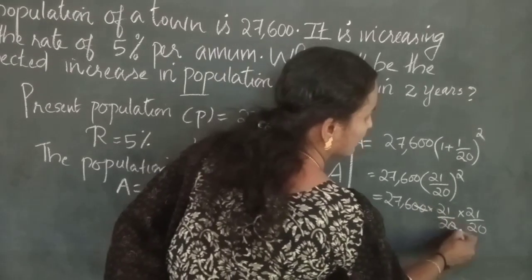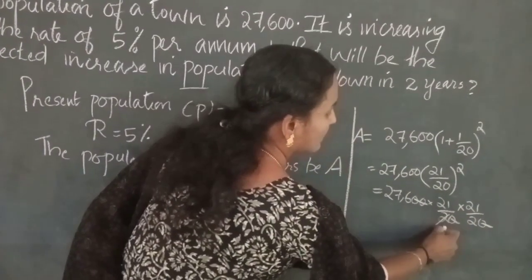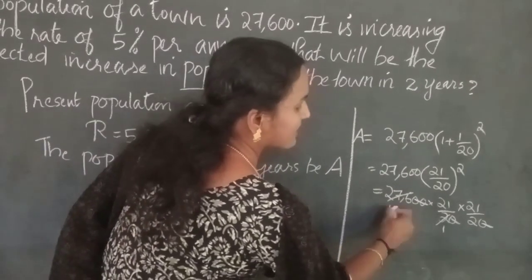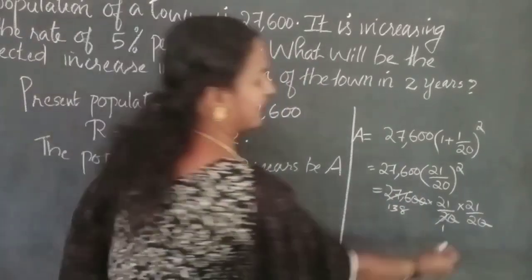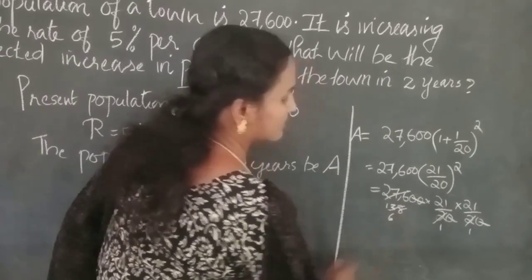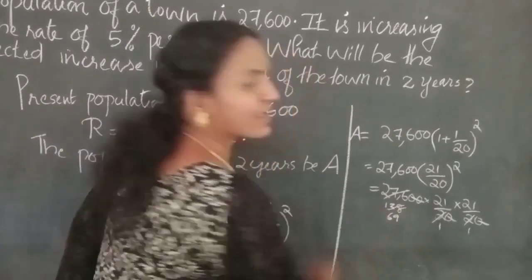Here 20 and 20 cancel. Then 1 2 is 2, 1 2 is 2, 3 2s are 6, balance 1, 16, 8 2s are 16. Again cancel. 1 2 is 2, 6 2s are 12, then 1 balance 18, 9 2s are 18.